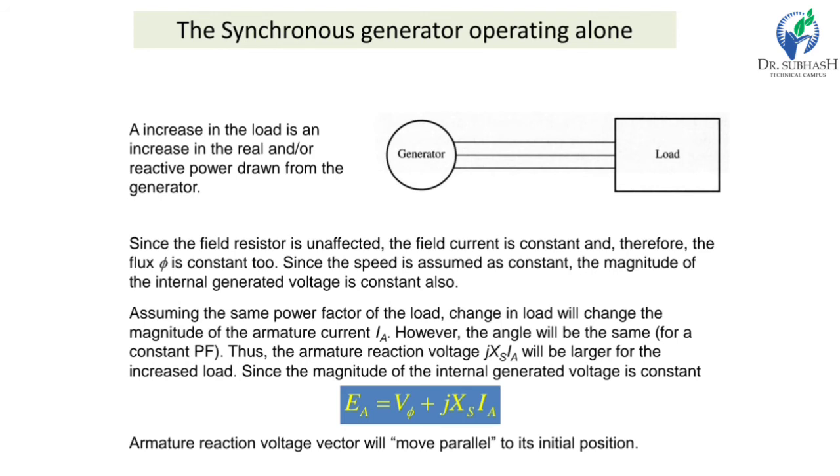Due to these two constants, the flux generated by the field current is also constant. Subsequently, the prime mover is also moving the rotor of the generator with the same velocity. Here the figure shows the synchronous generator operating alone. As the field current, flux and field resistance are constant, the internal generated voltage EA we can also write as EA equal to K phi omega.